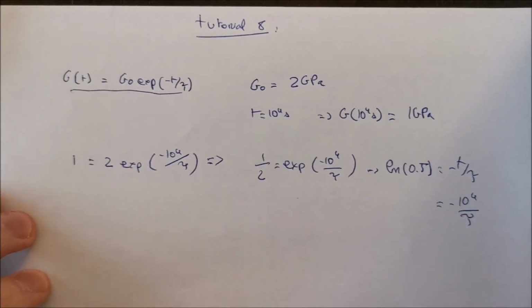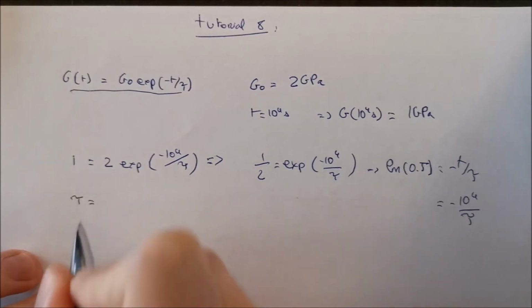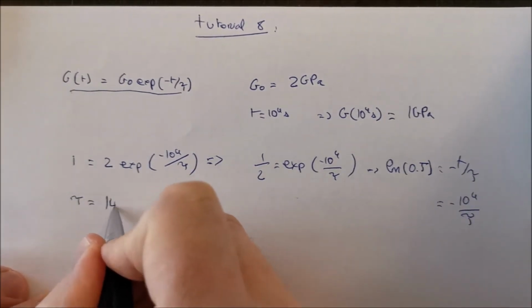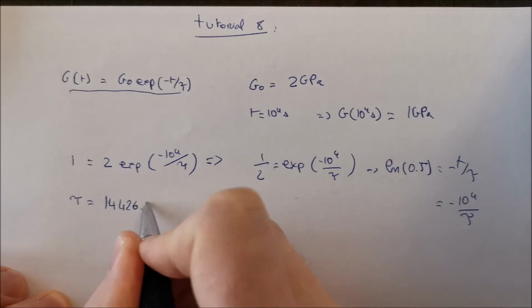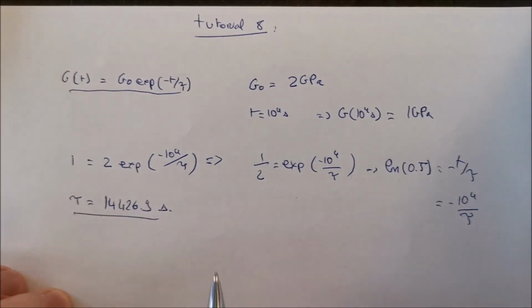Okay. So from this, we are going to be able to calculate the relaxation time very easily, right? So the relaxation time will be equal to 14,426.9 seconds. Okay. So now let's continue with this.